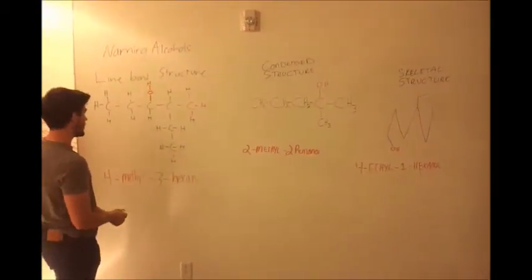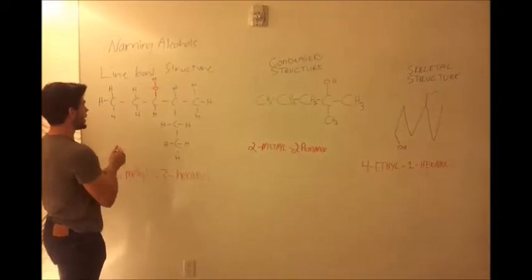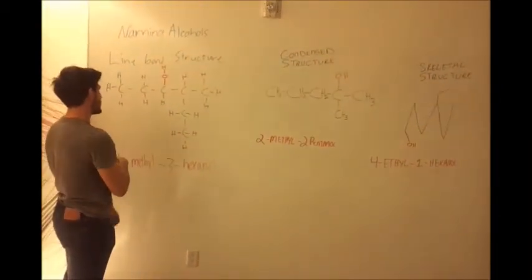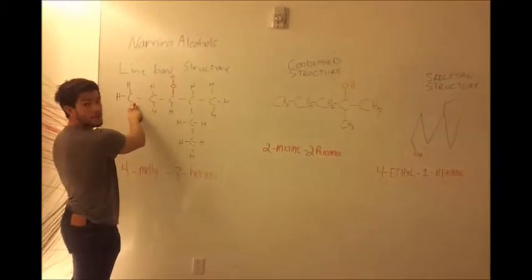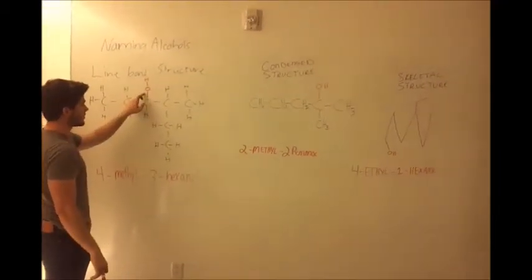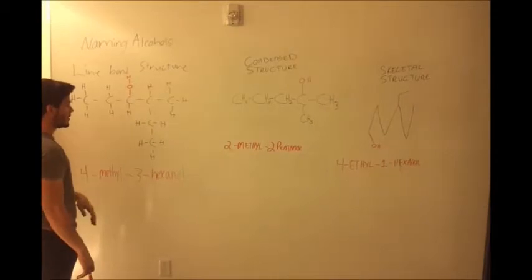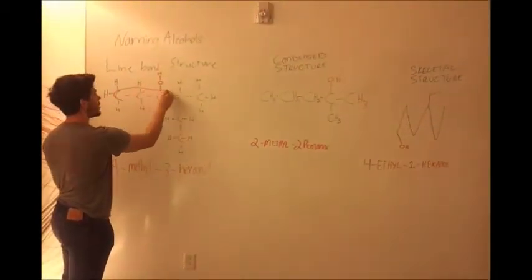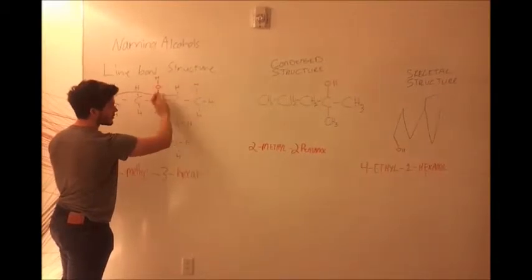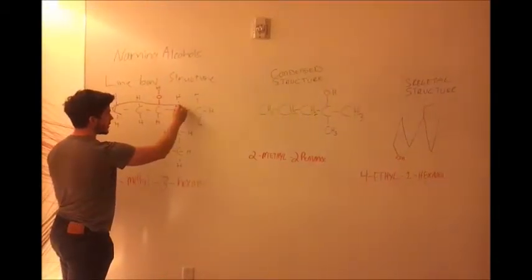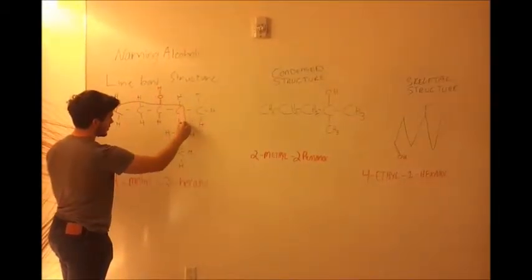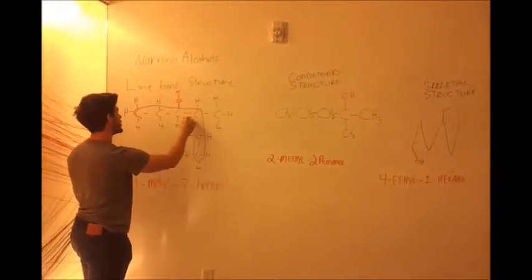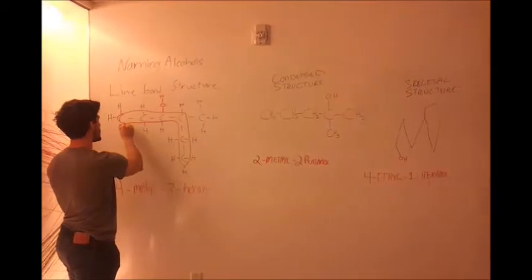Again, when numbering the parent chain of the alcohol, you number from the end carbon closest to the hydroxyl group in the parent chain. So be careful, because the parent chain is not always straight across. Remember, it's the chain that contains the hydroxyl group with the most carbons.